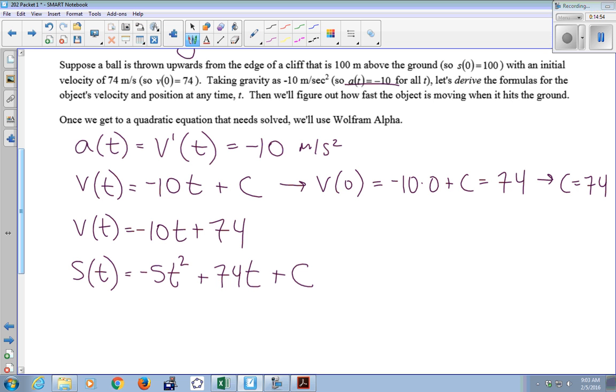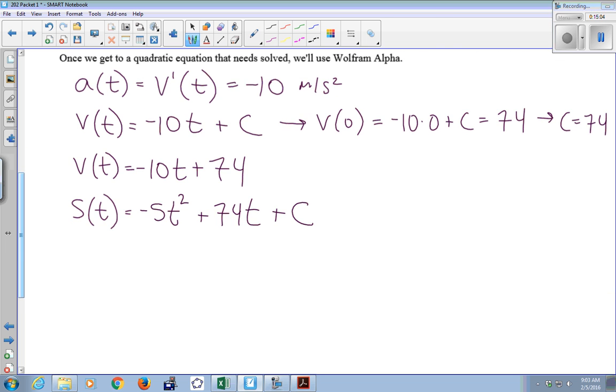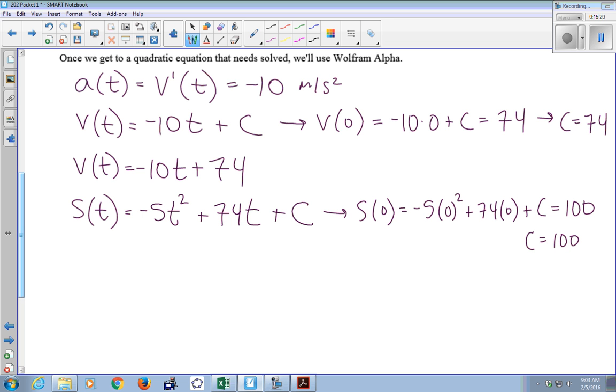And then to figure out what that constant is, use initial position, right? I know I was given that s of 0 is 100. s of 0 would be -5 times 0 squared plus 74 times 0 plus C equals 100. So that means C has to be 100.